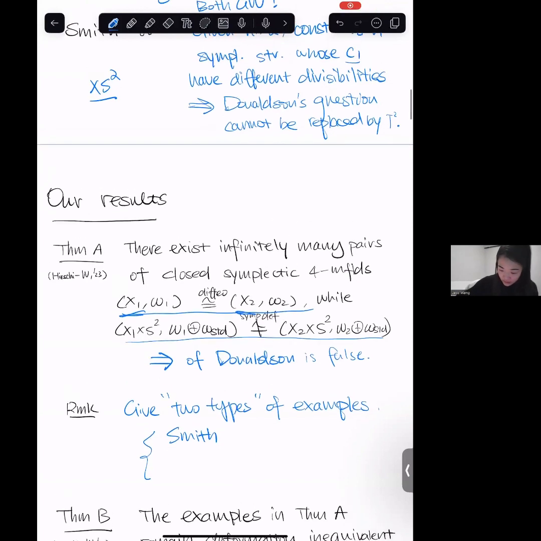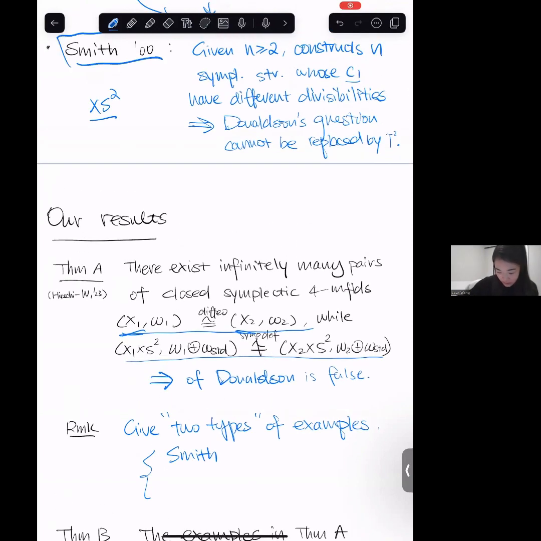So this example above, we actually explore his examples a little bit more and found that even if you stabilize with the S2, they still remain non-deformation equivalent. And another type of example is given by McMullen-Taubes.